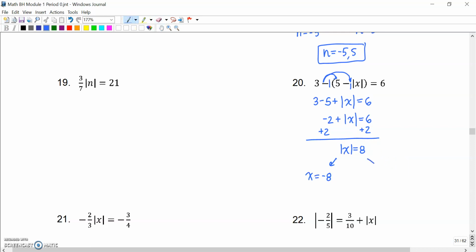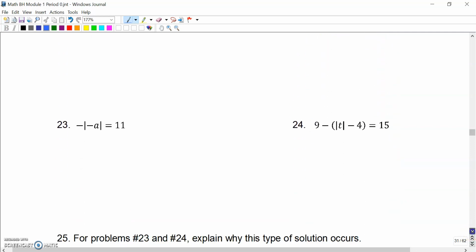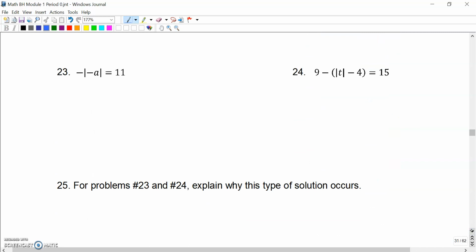We have to really train ourselves. There'll be another lesson on this where the equations will become more difficult. And if we're dropping the bars too soon, then we will definitely not be getting the correct answer, especially on the last one that we're going to look at, which is number 23, which is take the opposite of the absolute value of negative a, which is equal to 11.